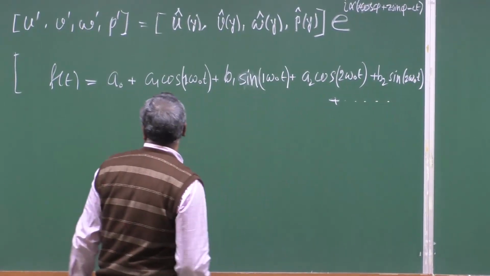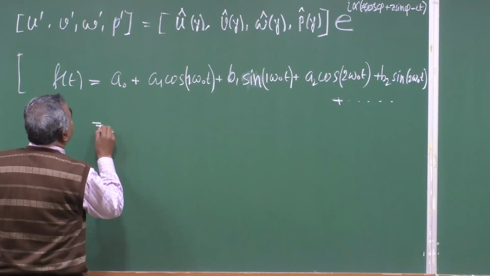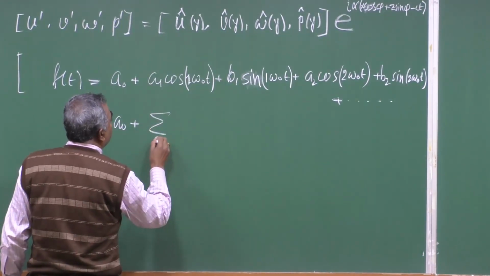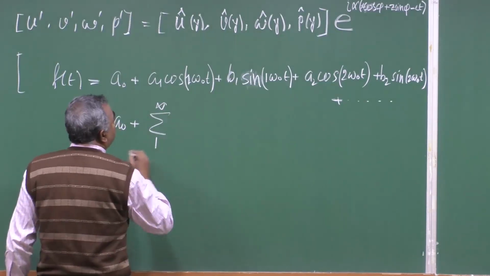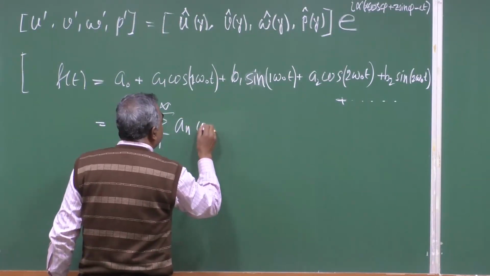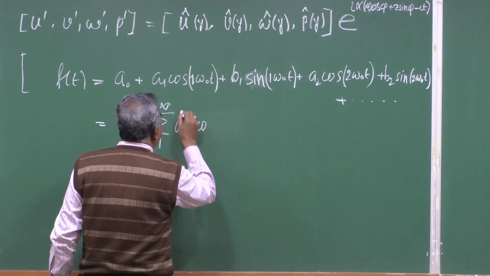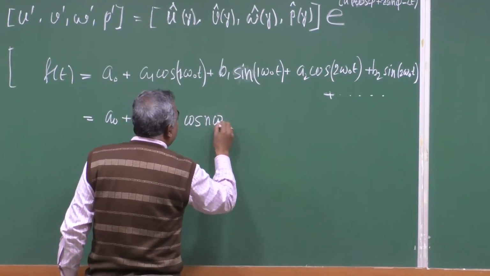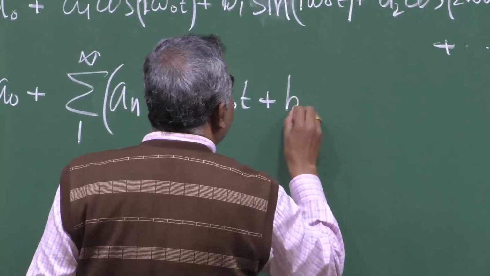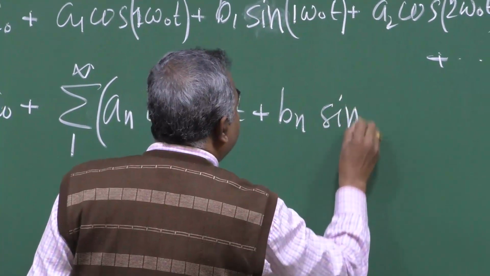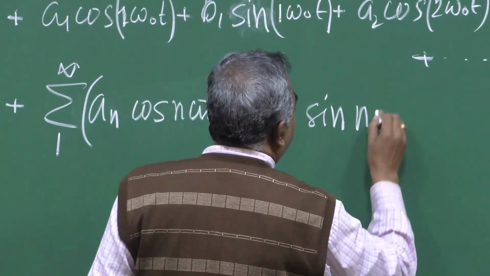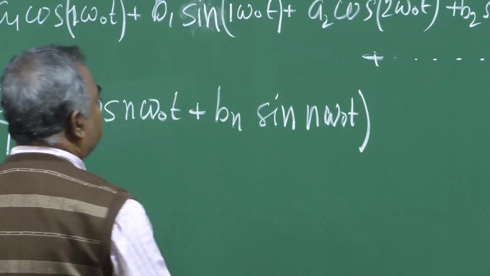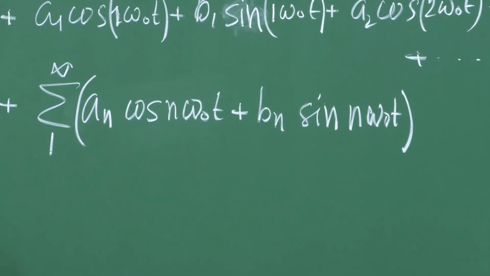Essentially, this can be written as a naught plus the summation from n equals 1 to infinity of A n cosine n omega naught t plus B n sine n omega naught t.